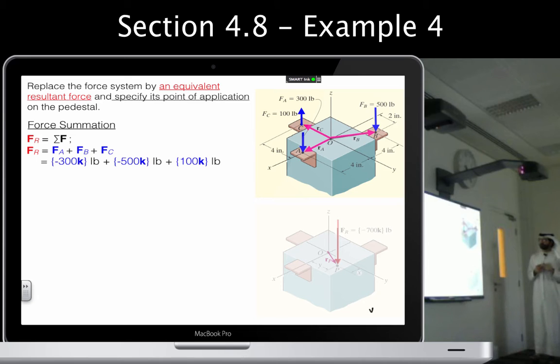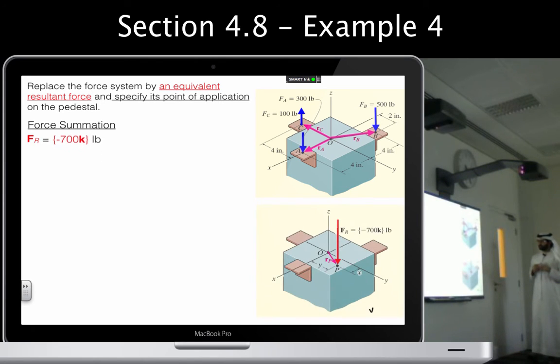A negative 300 and a negative 500 and a positive 500 will make a negative 700 applied at the z-axis. We've already shown this in the picture at the bottom.